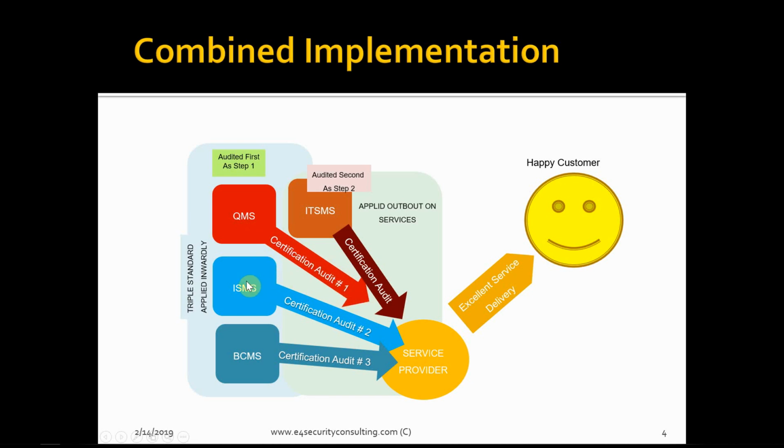Now, the IT department is also working towards their certification, which is ISO 27000, and that is also a good thing. And knowingly or unknowingly, the third department, business continuity, might be working on their certification for business continuity and disaster recovery, preparing for the third audit.